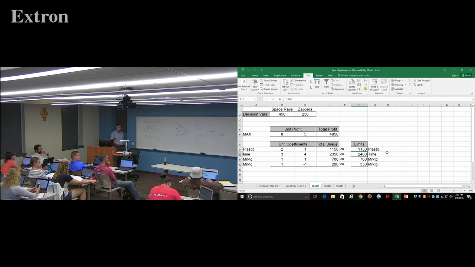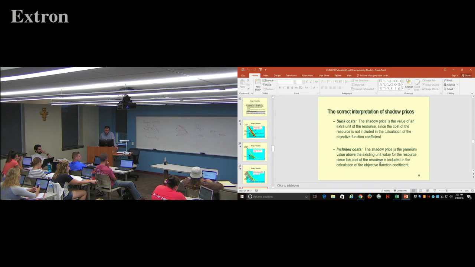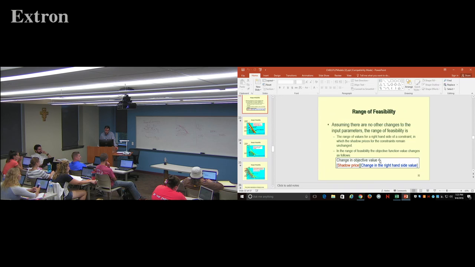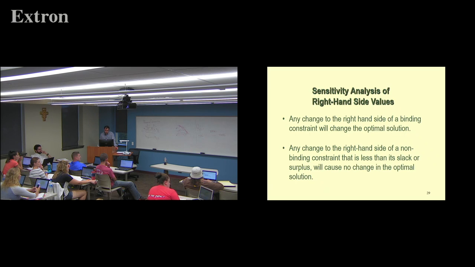I think I'm still getting more profit, but I'm not getting $3.40. So the shadow price and the range of feasibility work in concert with one another. So any change to the right-hand side of a binding constraint will change the optimal solution.